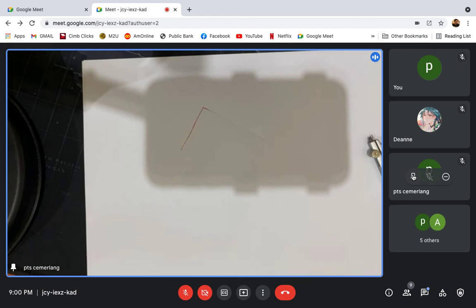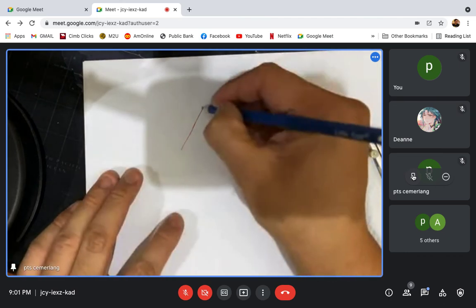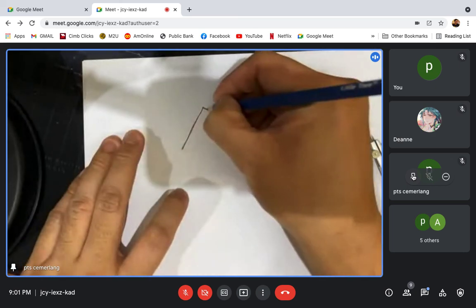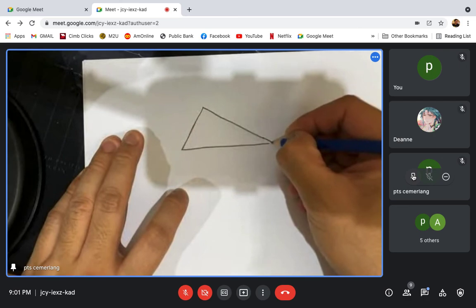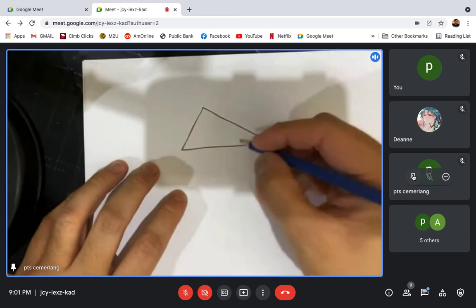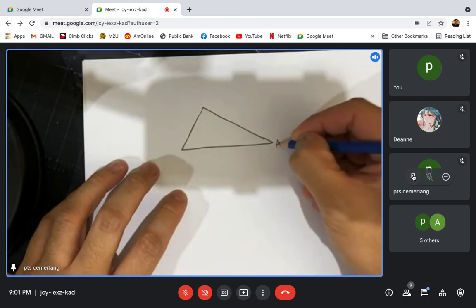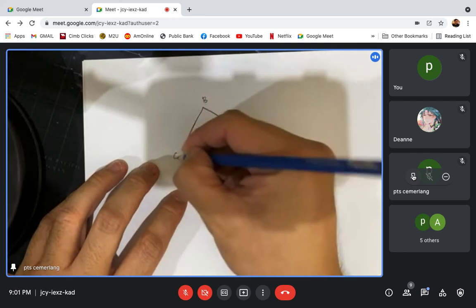Let's say you have a triangle like this, right? Okay. If I say that this one is labeled as A, this is labeled as B, this is labeled as C, okay.